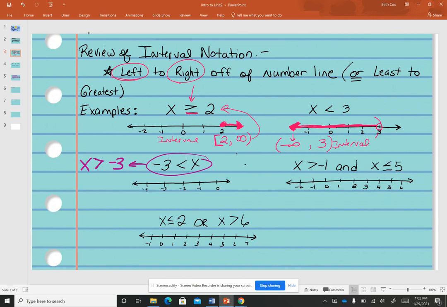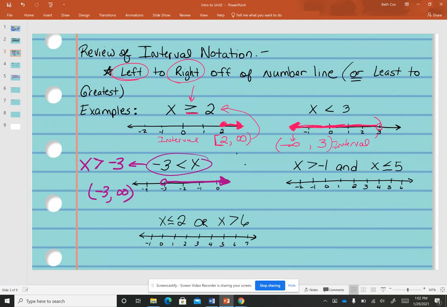And so this now says x is greater than negative 3. So I color the numbers greater than negative 3. Again, I don't color negative 3. And so my interval notation, left to right, on the left I have negative 3. On the right I have positive infinity. And neither one is equal, so that is it, from negative 3 to positive infinity.